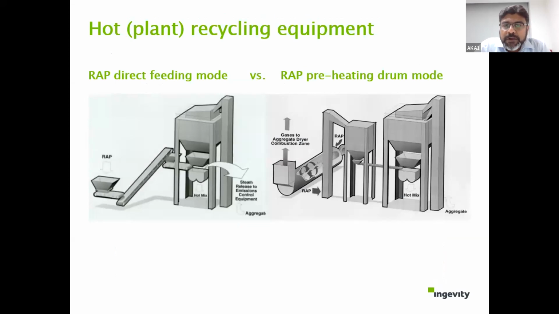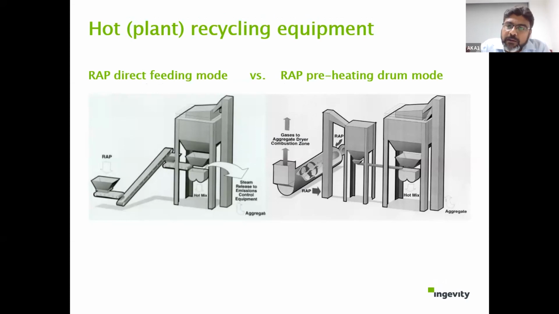Another simple example: how do we feed the RAP? Either you feed the RAP cold, or you preheat it and feed it. In cold feeding, we don't go beyond 20% because it's difficult to handle from a plant production perspective. The design perspective may be different, but at a plant, if you feed it cold, the mix is not going to be proper or uniform.